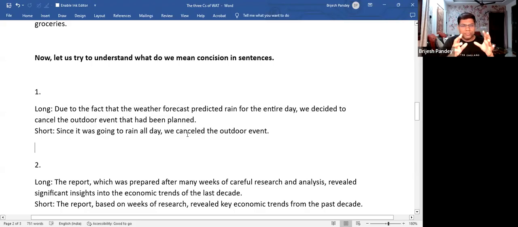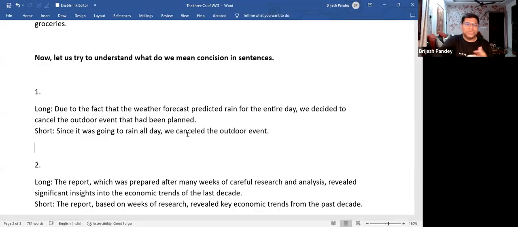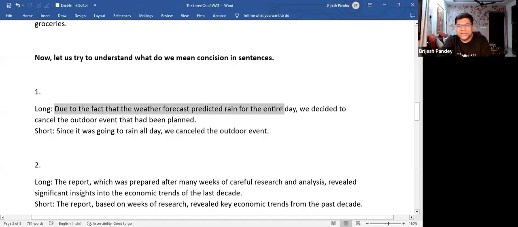The person is trying to say that since it was raining all day, we canceled the outdoor event. Due to the fact that the weather forecast predicted rainfall is such a long and unnecessary structuring of the sentence. A better version of it is, since it was going to rain all day, we canceled the outdoor event. Simple, short, and to the point.